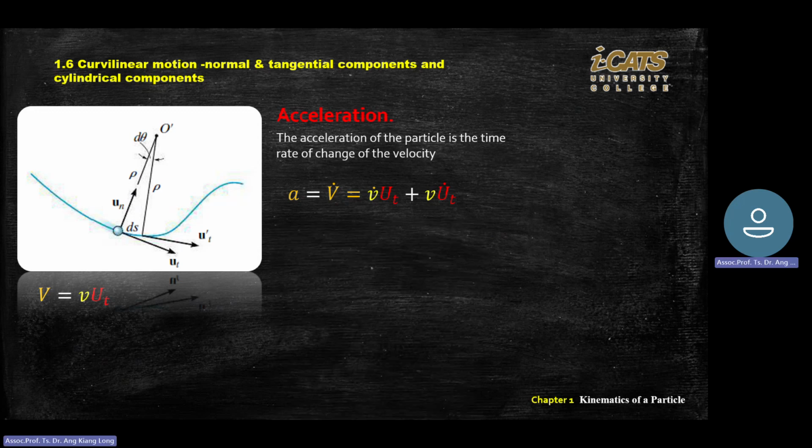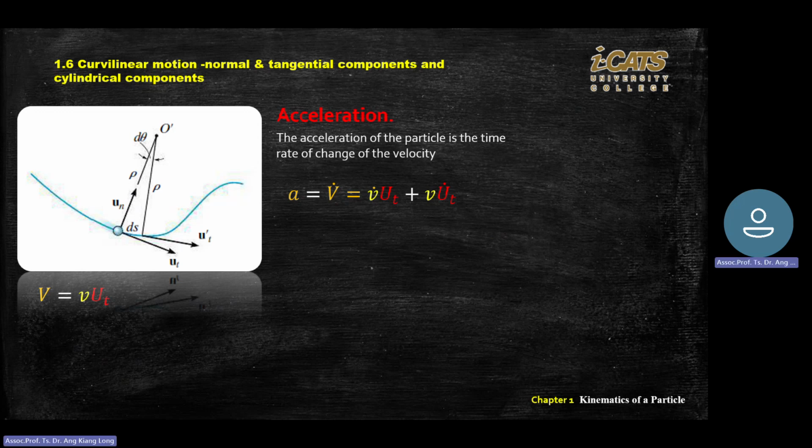I skipped the derivation already. So what is acceleration? Acceleration is the time differential of velocity, which is v dot, and v equals v ut. So you differentiate the product, then you get v dot ut plus v ut dot.